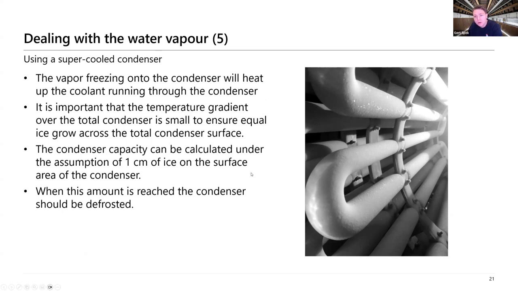One more element to take into account is that the ice is also an insulator, especially if it has mixed with some permanent gases and grown a certain snow ice. But as a rule of thumb, you should not let more than 1 centimeter of ice grow on the surface area of the condenser. And then once this is reached, you need to defrost it again.